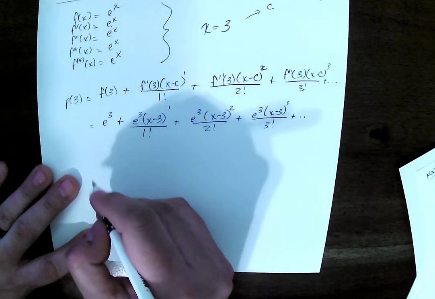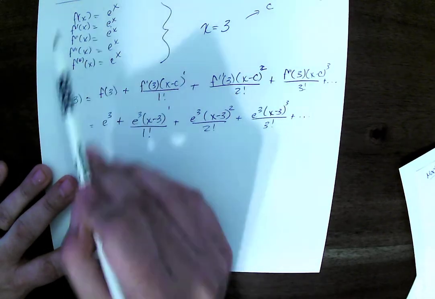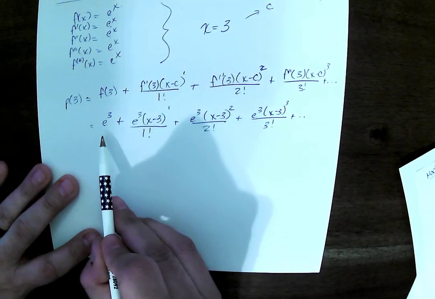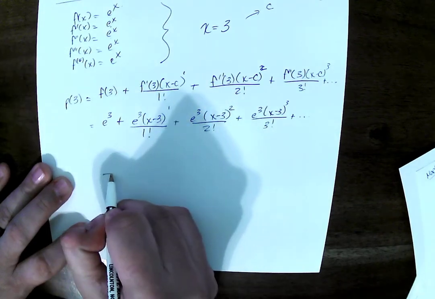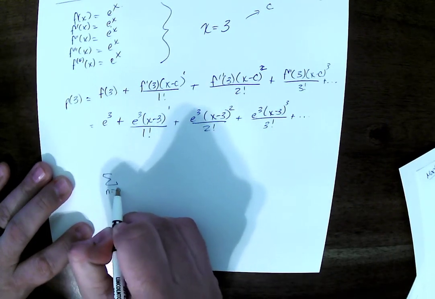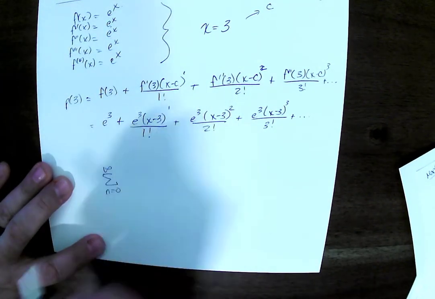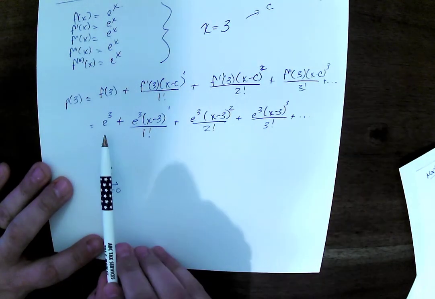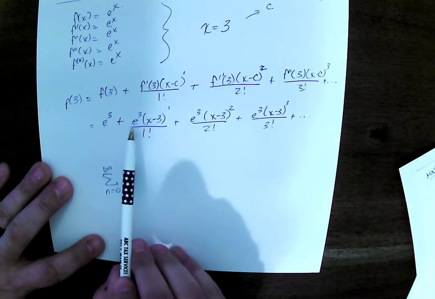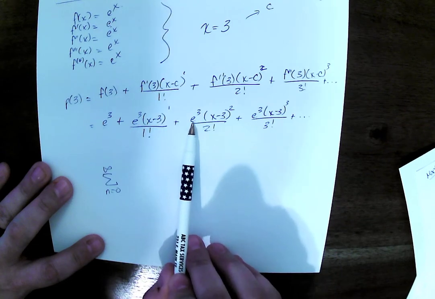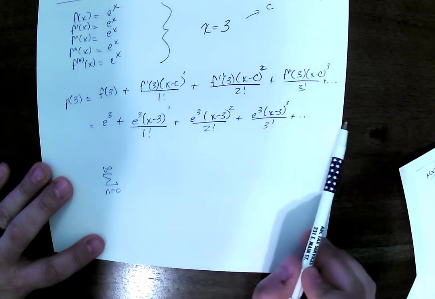So if we want to evaluate e to the x and see what it looks like, we can now set up a summation from n equals 0 up to positive infinity. What do we have here? We have e to the third, e to the third, e to the third, and it's going to continue on that way.